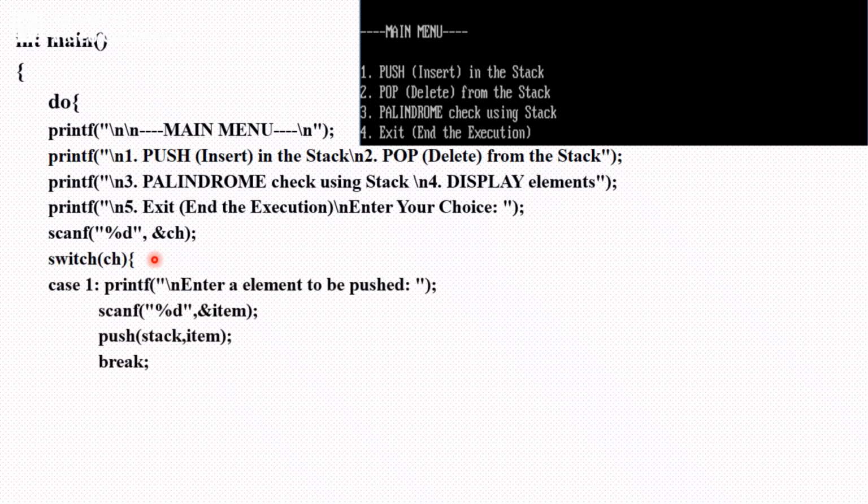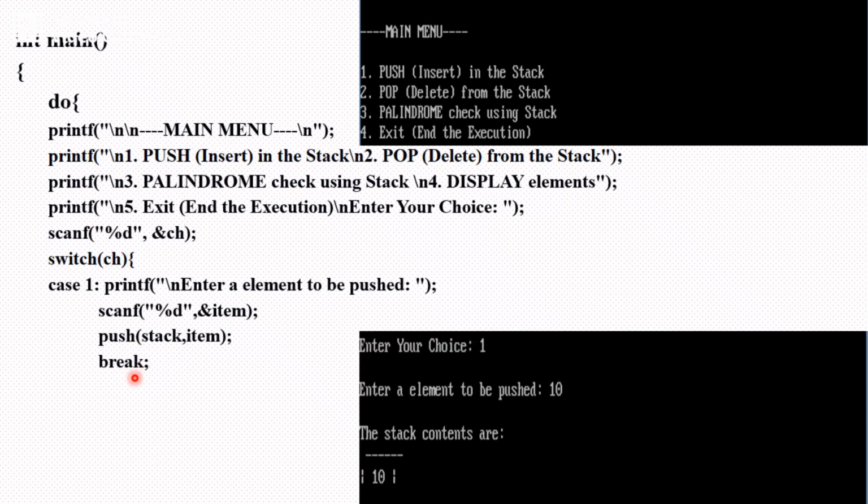Next you will use a switch case. So enter element to be pushed, scanf, then push stack comma item, break. Okay, so this is just case 1. In case 1 you need to take the element to be pushed, then push stack comma item, and then break.